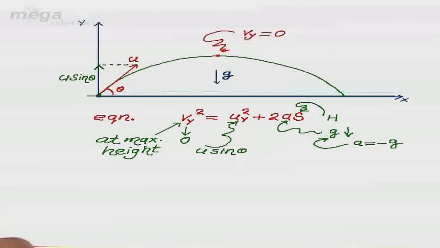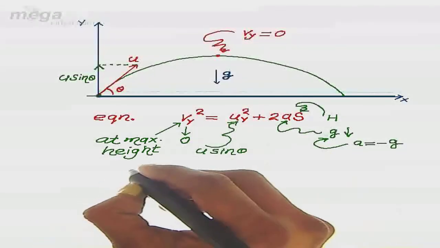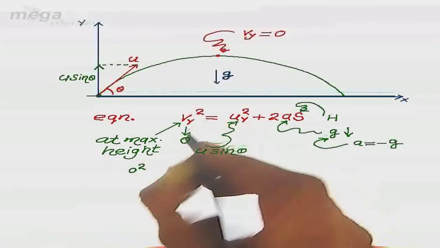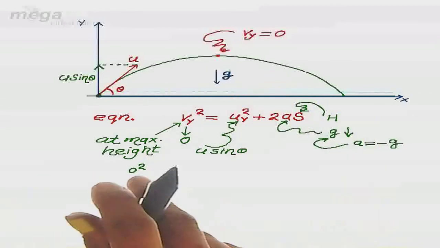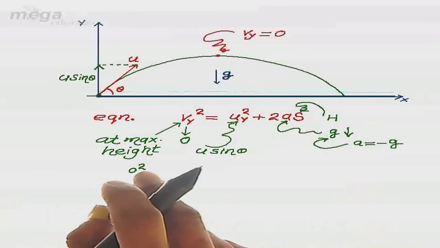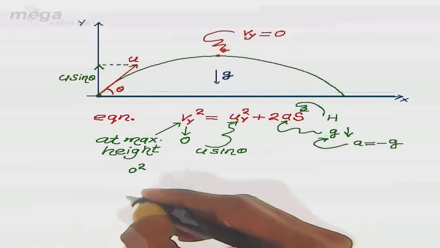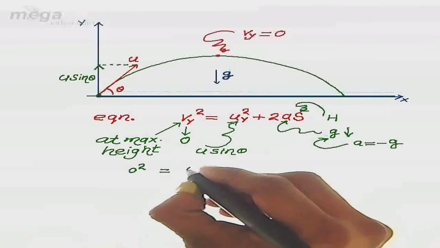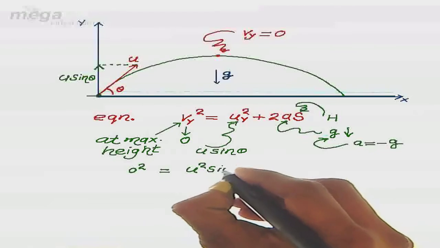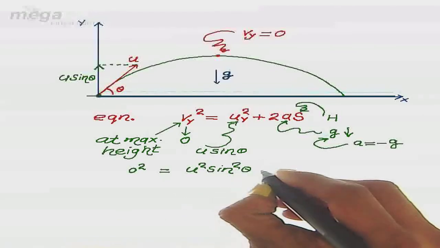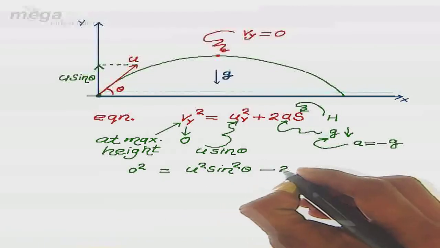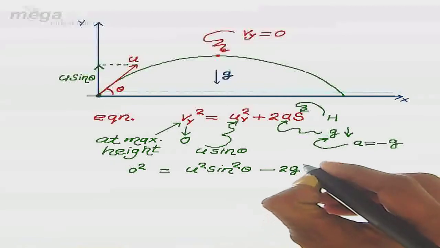Using these values in this equation, we can write 0 square, Vy square, since I have put the value of Vy at the maximum height to be 0. So 0 equals u square sine square theta minus 2 times g into h.